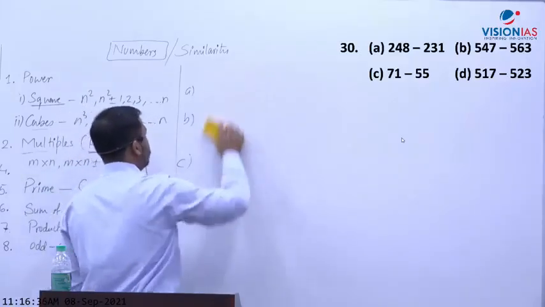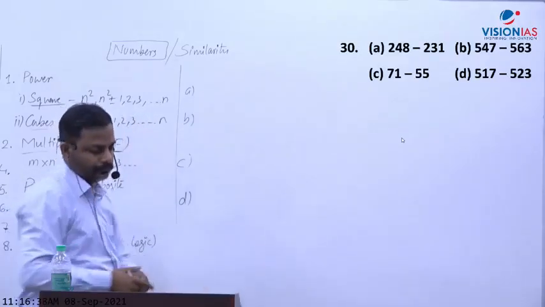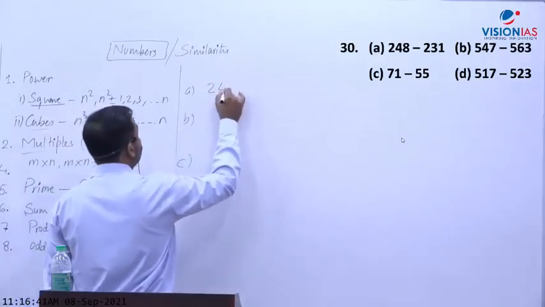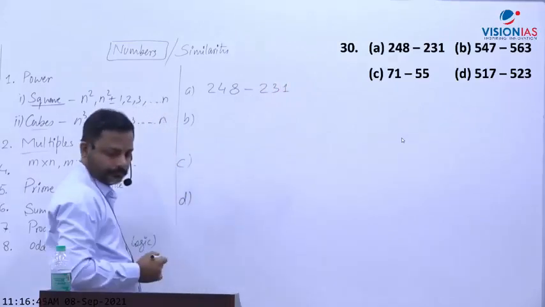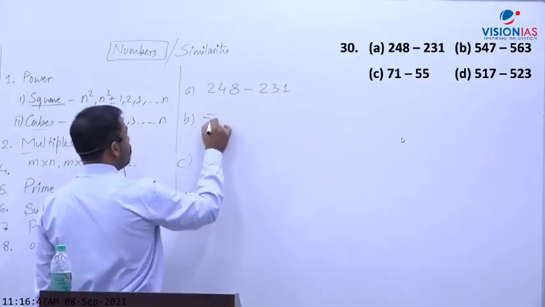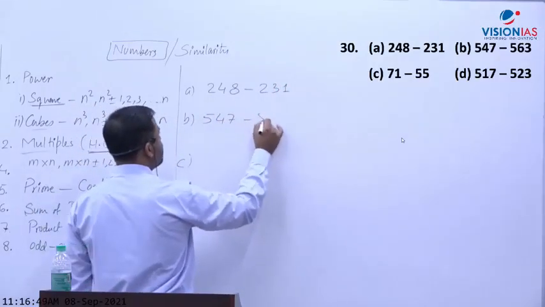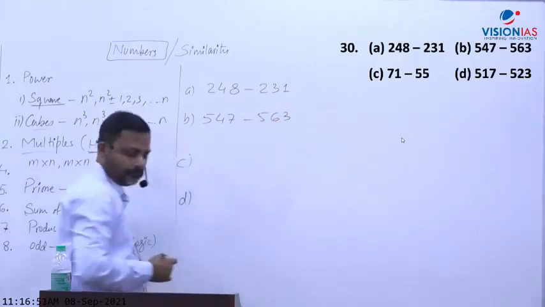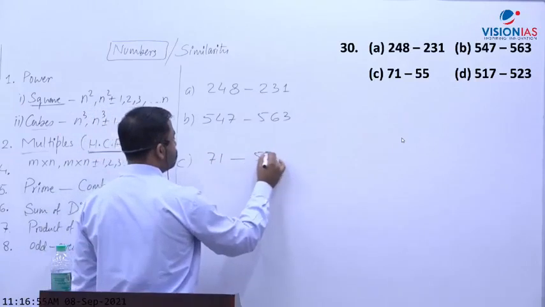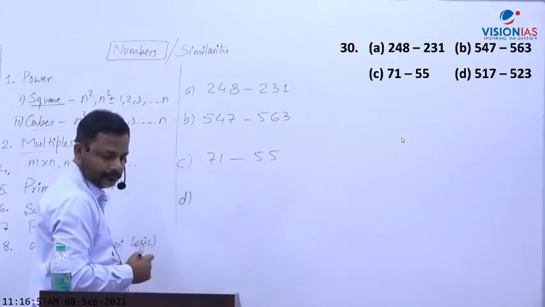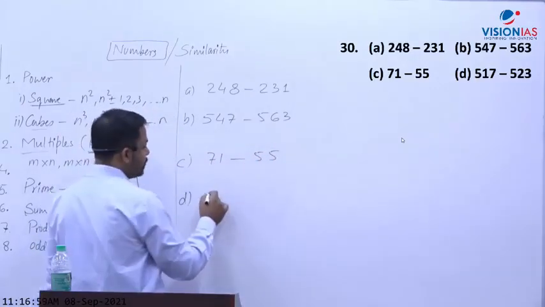Now the 30th question. 248, 231, 547, 563, 71, 55, 517, 523.